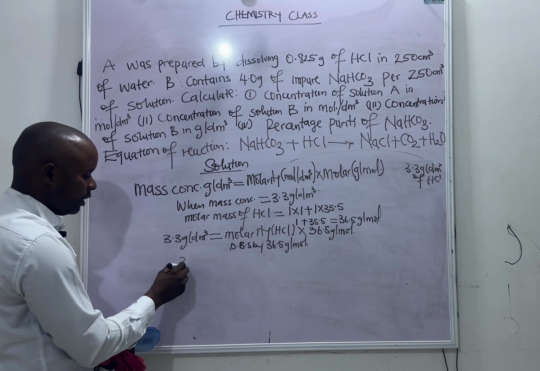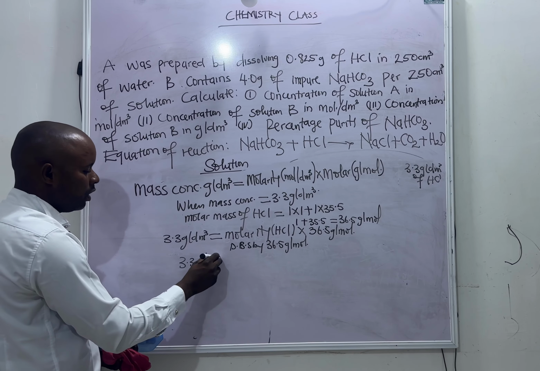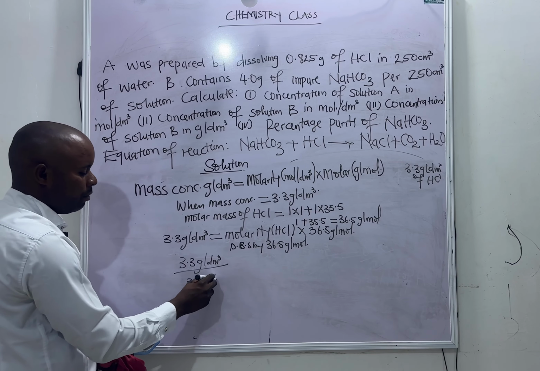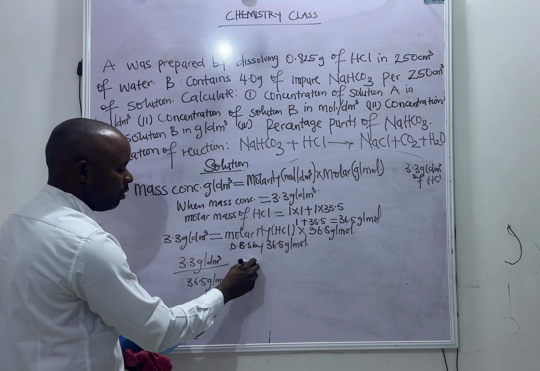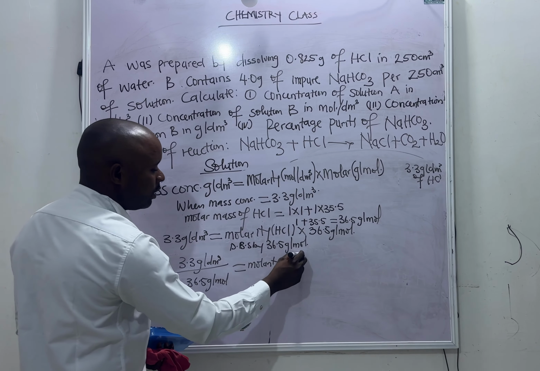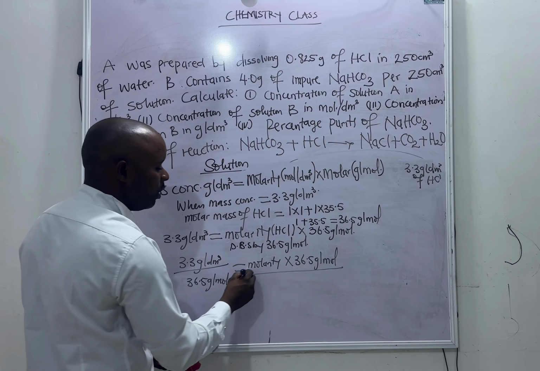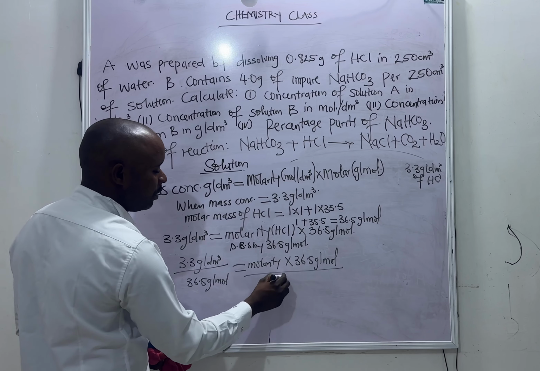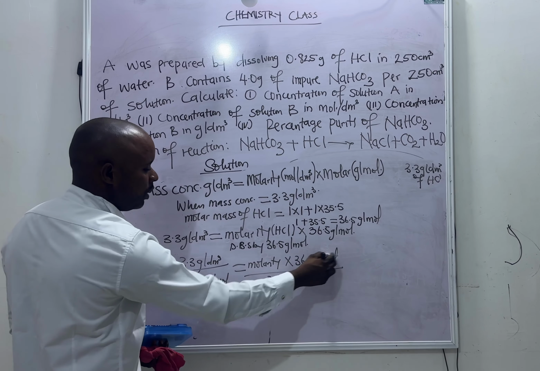By so doing, 3.3 gram per dm cube divided by 36.5 gram per mole is equal to molarity of HCl times 36.5 gram per mole all over 36.5 gram per mole. So this cancels this.